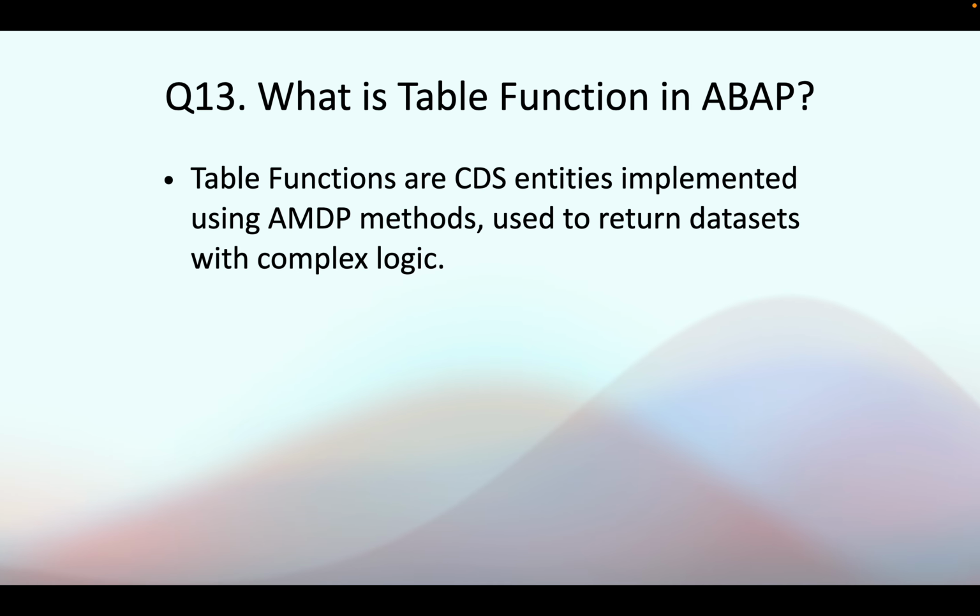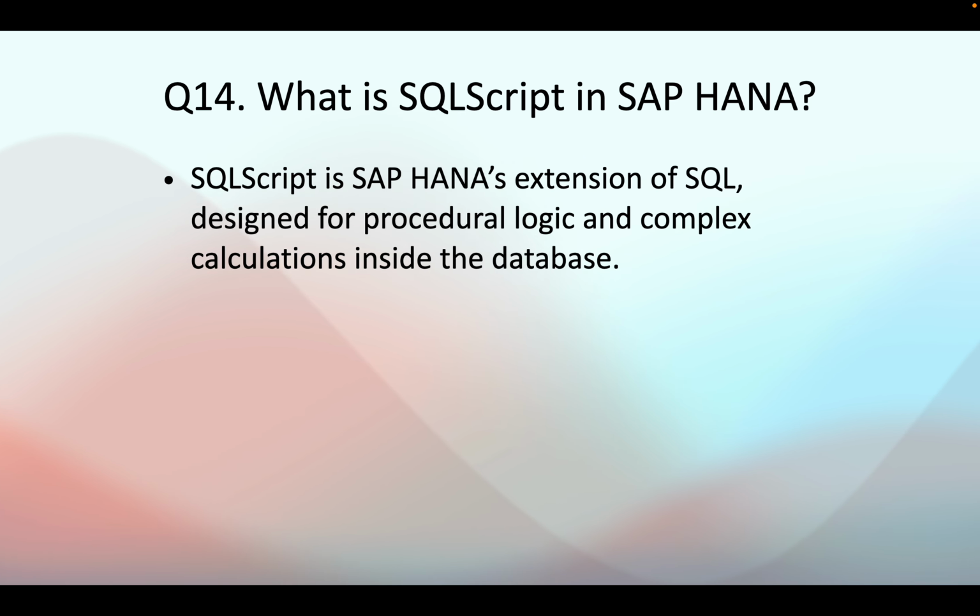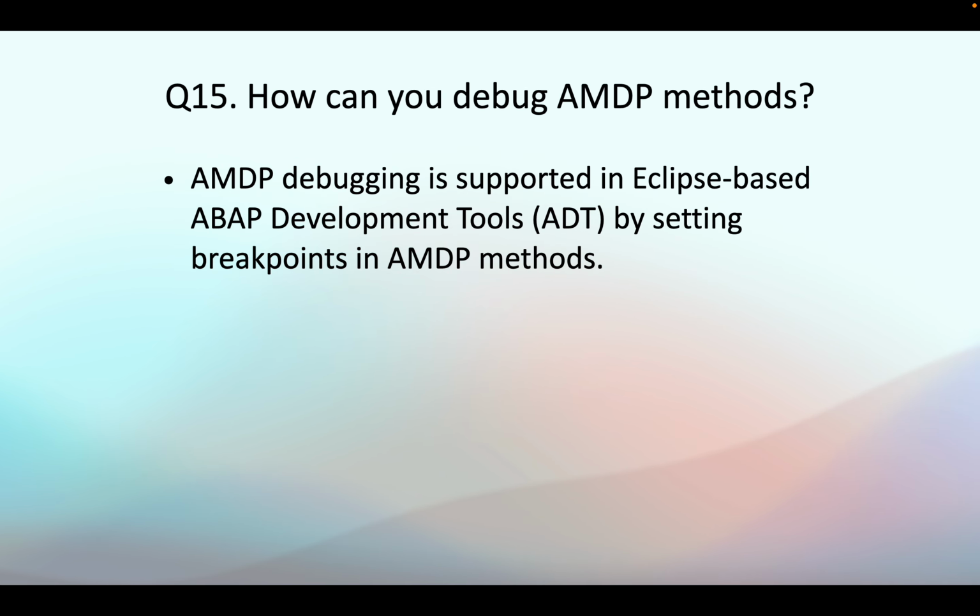What is a table function in ABAP? Table functions are CDS entities implemented using AMDP methods, used to return datasets with complex logic. What is SQLScript in SAP HANA? SQLScript is SAP HANA's extension of SQL designed for procedural logic and complex calculations inside the database.